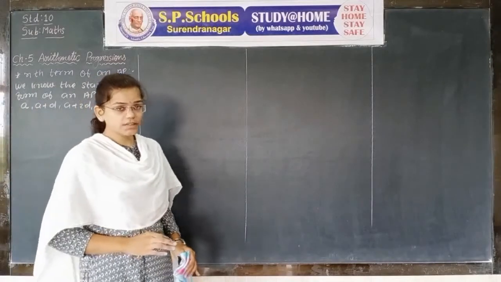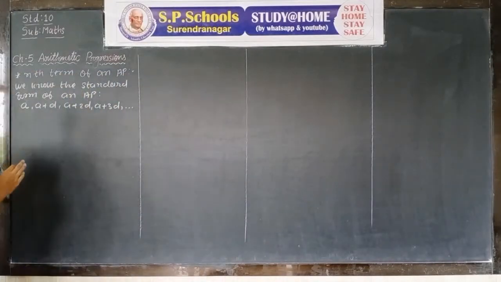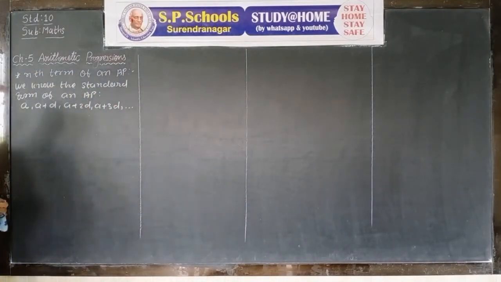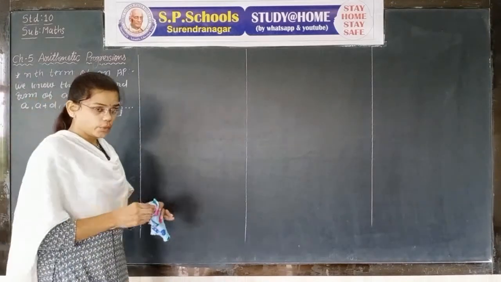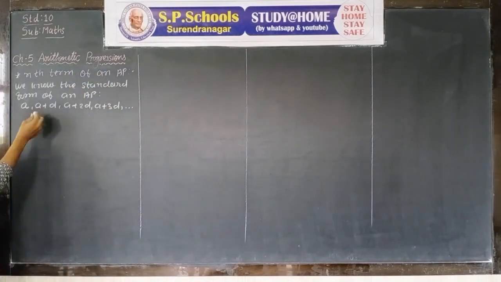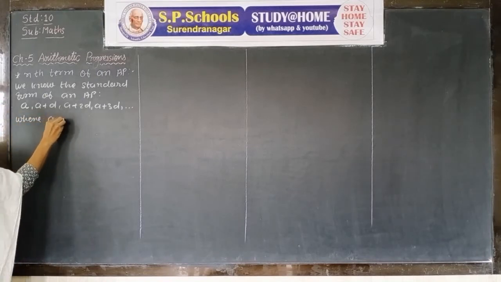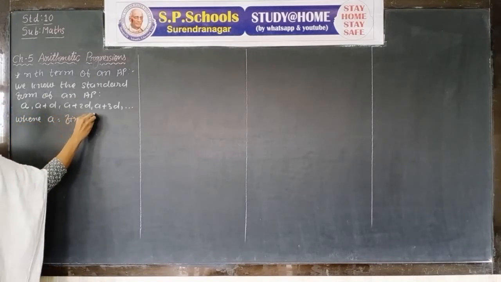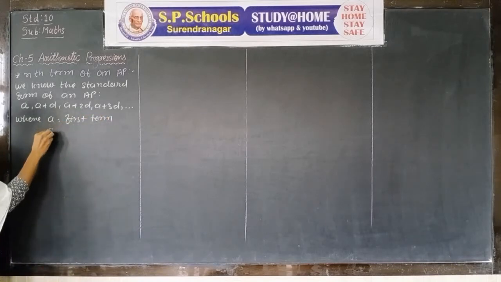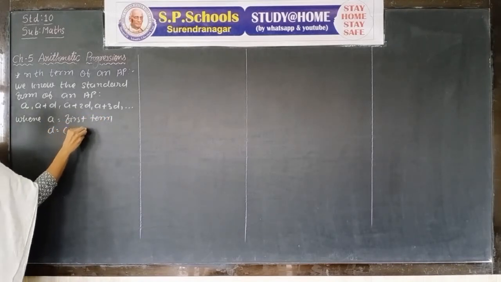These all terms are obtained by using the nth term of an AP. The nth term of an AP is also called the general term. Here a is equal to the first term and d is equal to the common difference.